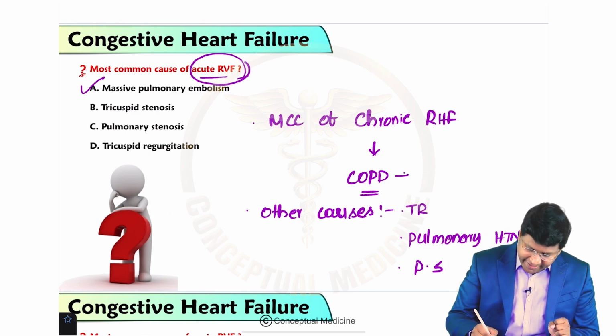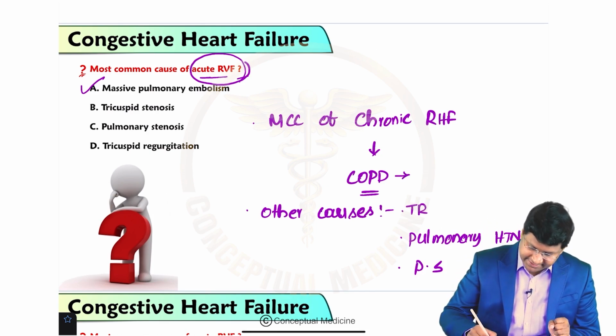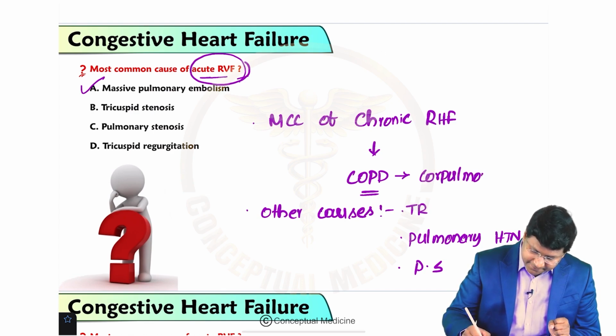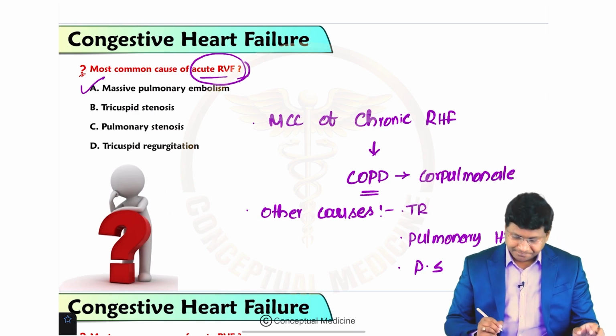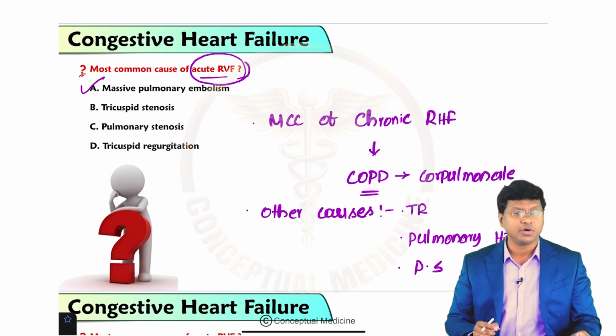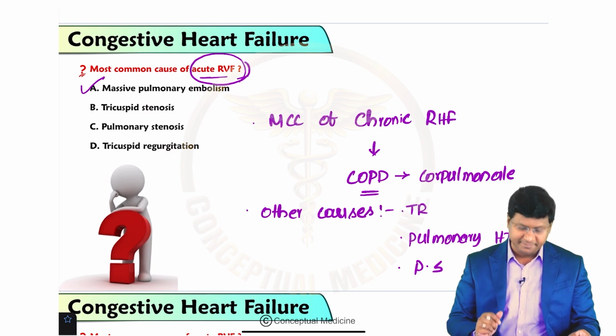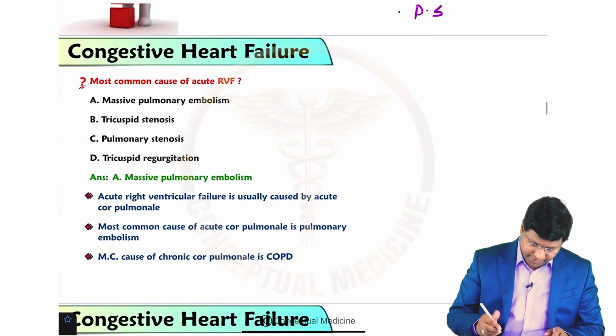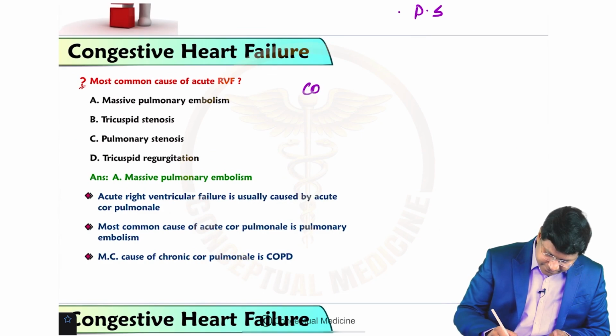Now, how does COPD cause right heart failure? That is by the development of cor pulmonale. Now, how do you explain this cor pulmonale? Let me discuss.